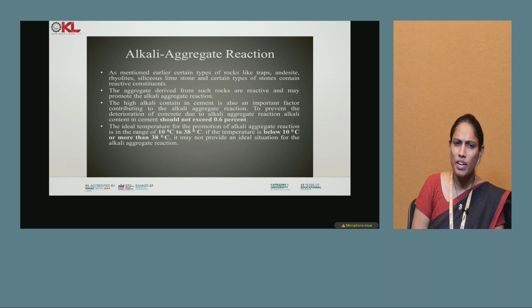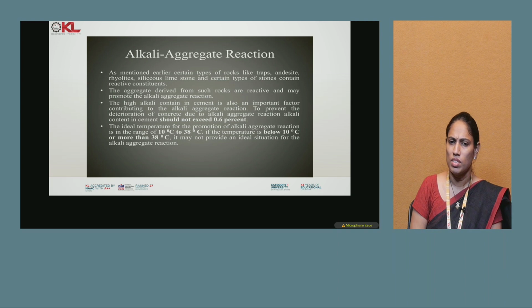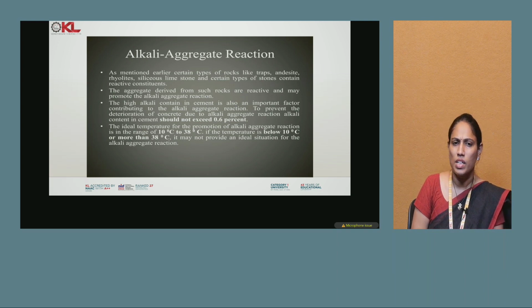The aggregate derived from such rocks is reactive and may promote the alkali aggregate reaction. The high alkali content in cement is also an important factor contributing to the reaction. To prevent deterioration of concrete due to alkali aggregate reaction, alkali content in cement should not exceed 0.6%. You need to make a mark of this: should not exceed 0.6%.